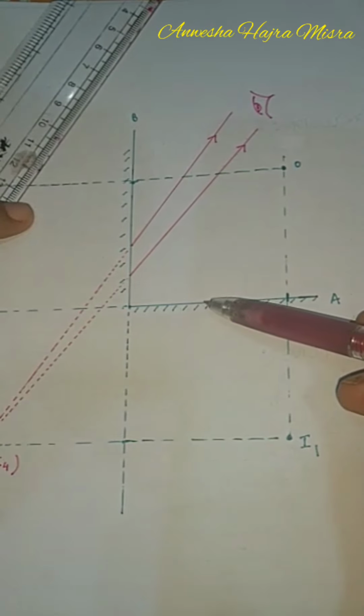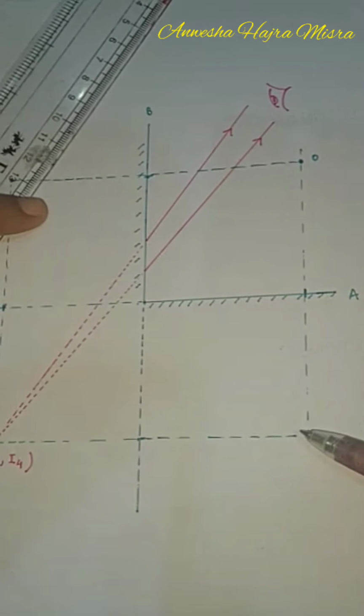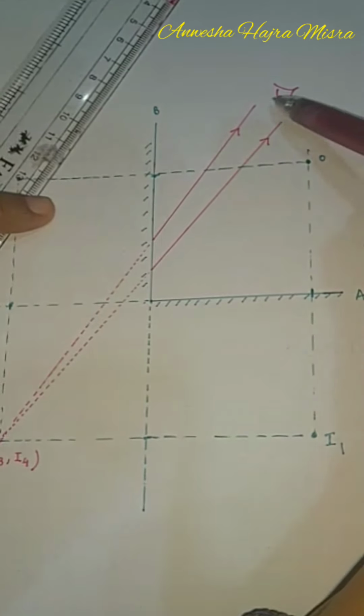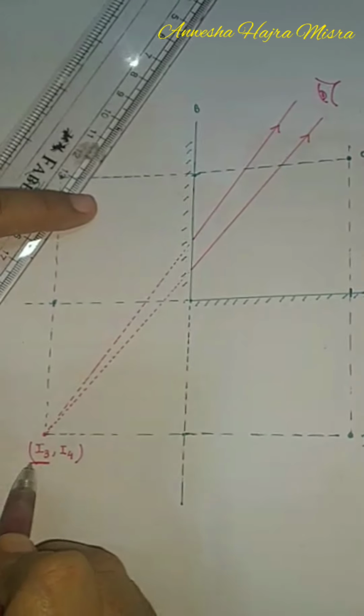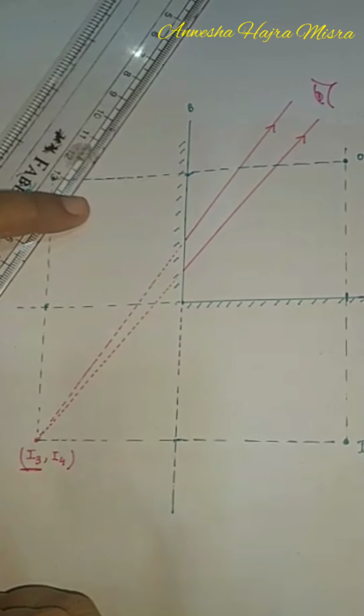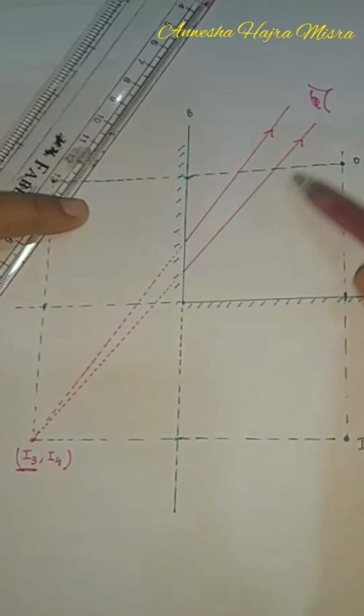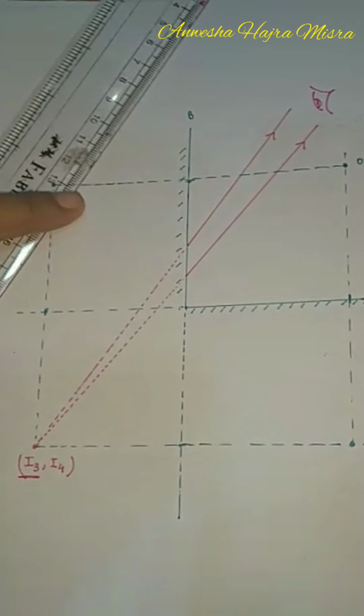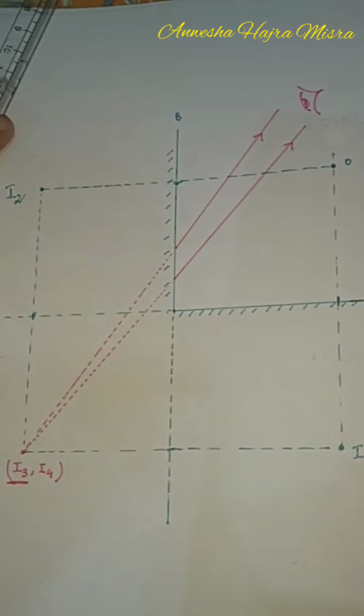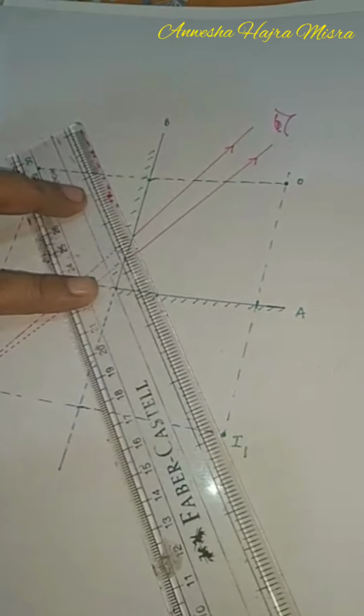Now what I told you all, from object light will come here, get reflected and will form I1, again get reflected and form an image I3 over here. So from I3, draw two reflected rays which will go to the eye. Finish till here. Now what you are going to do, from I1, join these 2 points.